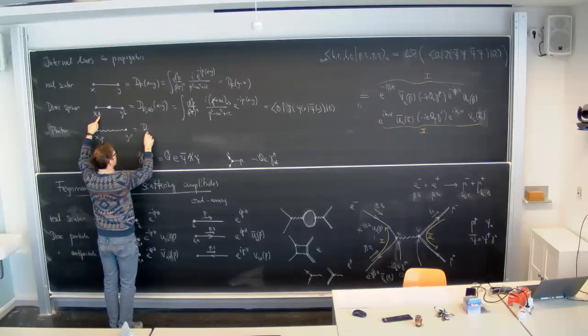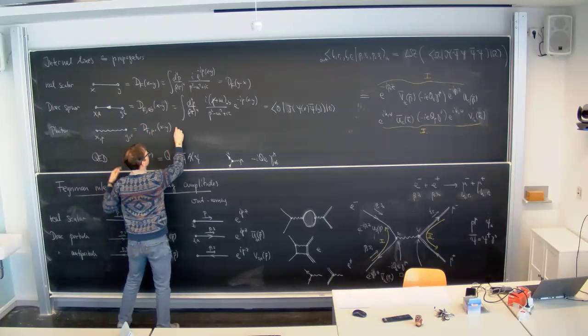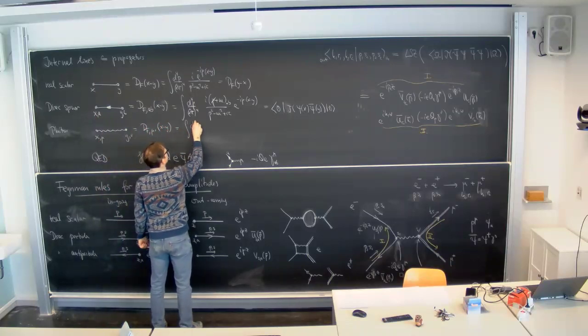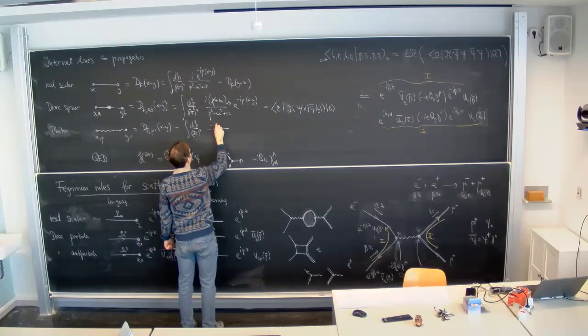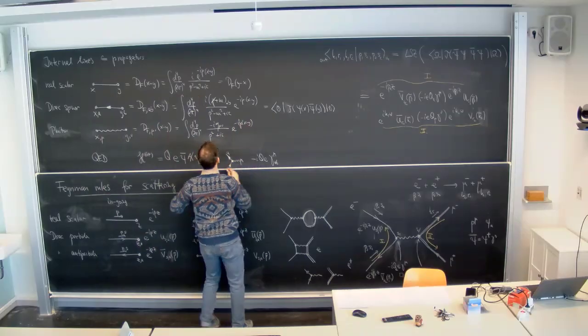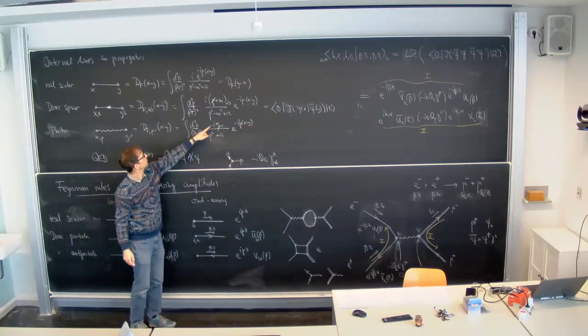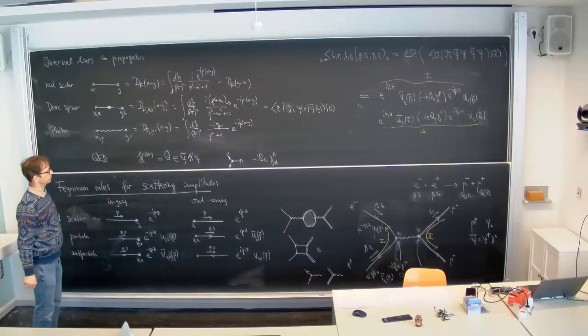Say mu nu, and then it's d^4x, x minus y, and this is the integral d^4p over (2 pi)^4. It's essentially up there. It's minus i eta mu nu over p squared plus i epsilon, e to the minus i p (x minus y). So it's minus the metric over the scalar propagator, but then forget the mass. It's a photon, it doesn't have mass.